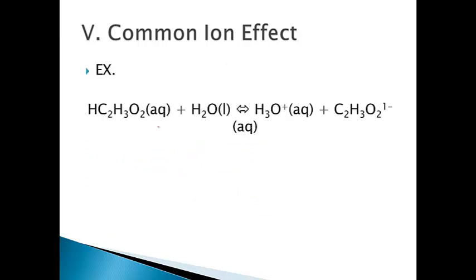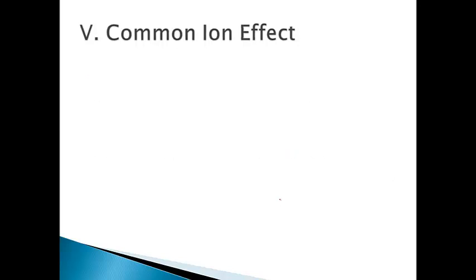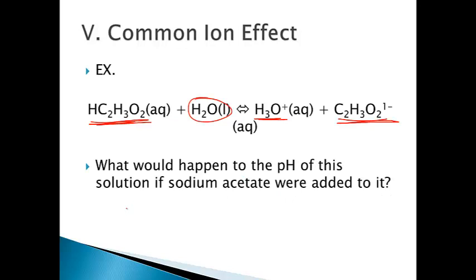So let's take a look at an example. We're going to start out with acetic acid, dump it in the water, and it reaches an equilibrium with hydronium ion and the acetate ion. What would happen to the pH if you were to add sodium acetate to this? Well, what's sodium acetate? Sodium acetate is NaC2H3O2.